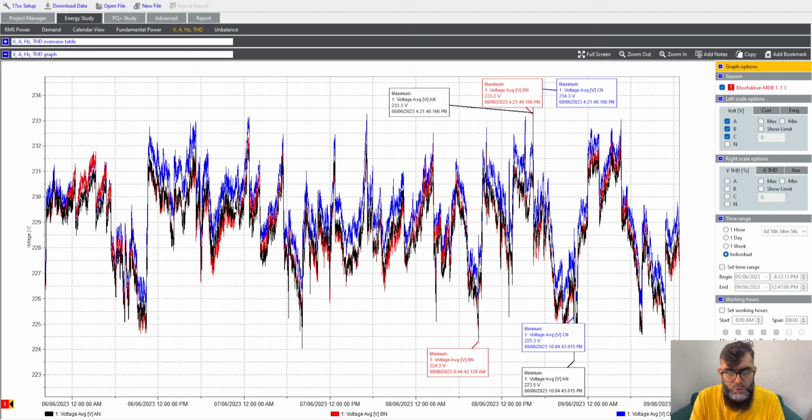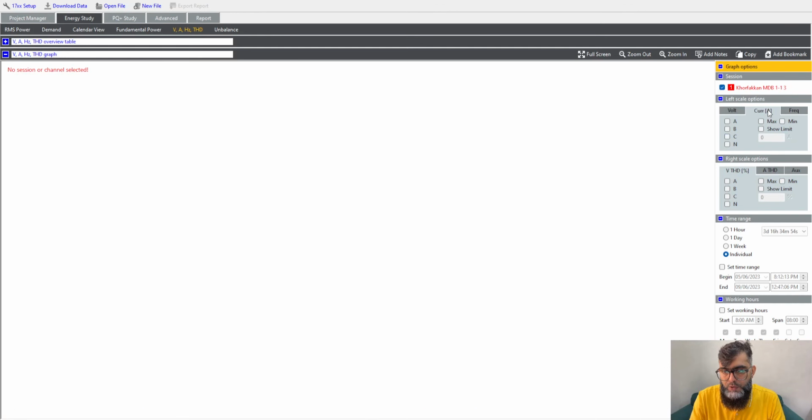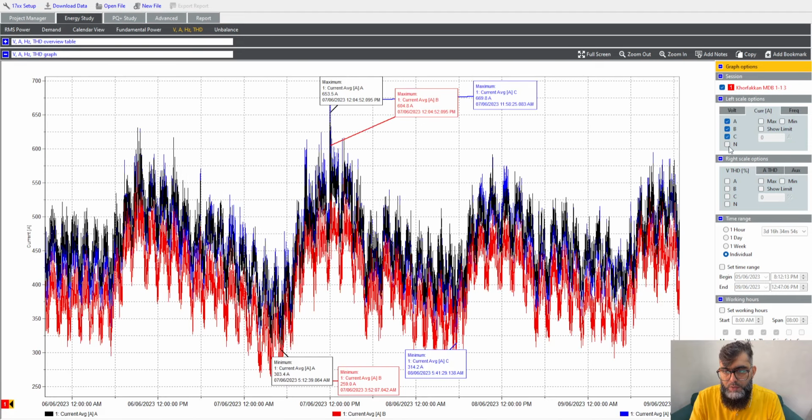I've already searched for the maximum and minimum values. Once you go through this graph, you will be able to figure out where the maximum and minimum voltages occurred, at what time, at what date. So this is important for us, right? And what I try to look for is to go into the current graph and look at the maximum and minimum values. So this was my network.